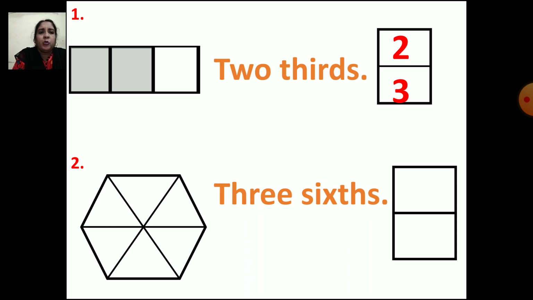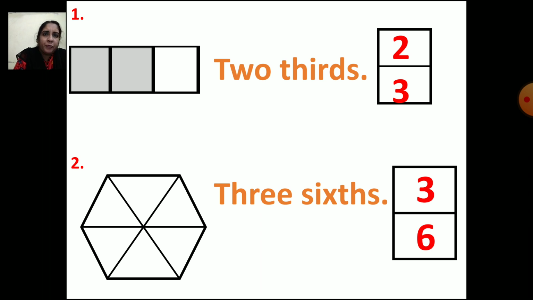Now here also you can see a shape, right? It is a six-sided figure, hexagon. So what is written there? 3/6. So how are you going to write in the form of a fraction 3/6? What will come up? 3 will come up. And what will come down? 6. Very good. So 3 upon 6.